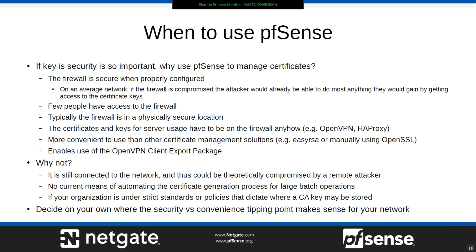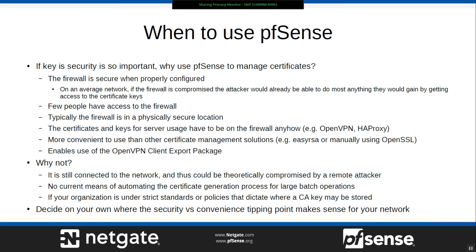So you might also need to keep it off the firewall if your organization has any strict standards or policies that dictate where the CA may be stored. So you may be under a certain standard or guidelines that you have to follow, for either your company or state, local government, federal government, that kind of thing. I'm not sure if there are any out there.